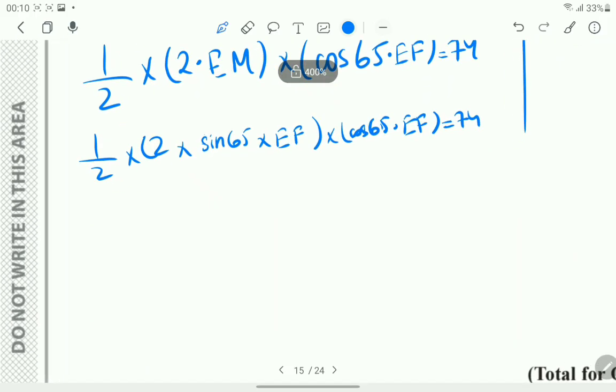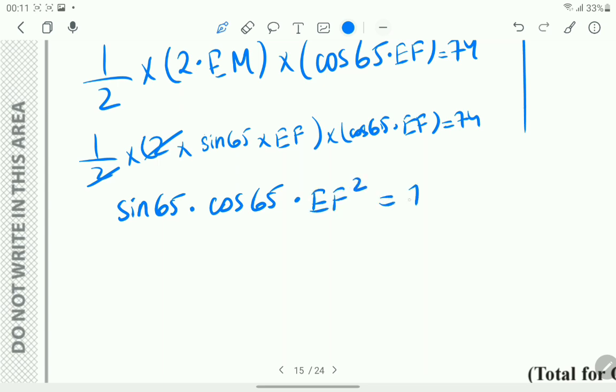Now do not use your calculators now for calculating sine 65 and cos 65. Do it at the very end. So the 2 cancels, so we get sine 65 times cos 65, and we have 2 EFs, so it becomes EF square equals 74. Now bear with me.